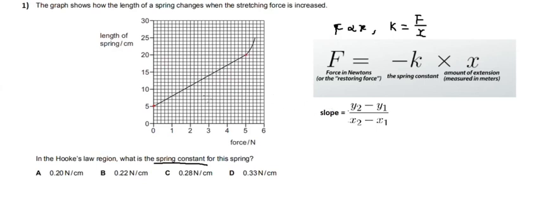So how can we find out this spring constant? Spring constant is nothing but force divided by the extension. We can find that with the help of the concept of slope. Slope is y2 minus y1 divided by x2 minus x1, that is, change in the y-axis divided by change in the x-axis.